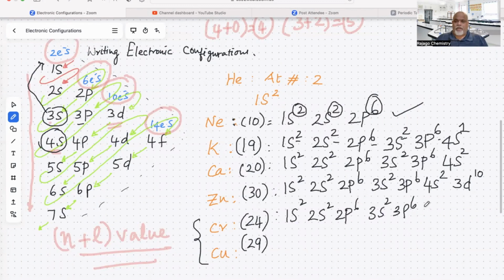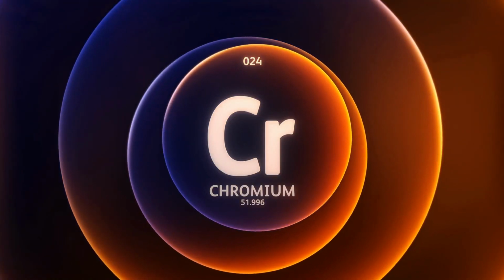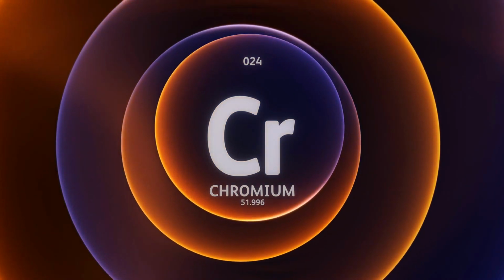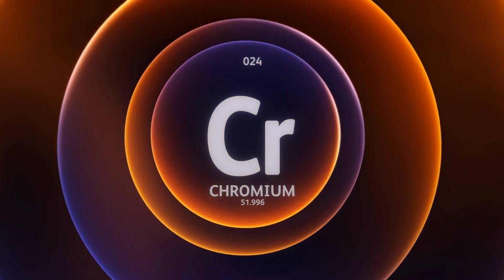We are supposed to write 4s2, 3d4, because we have to put the two electrons here. This is the correct way we should have written. But the electronic configuration, if you go to the periodic table, is not going to look like this. It is going to be 4s1, 3d5.